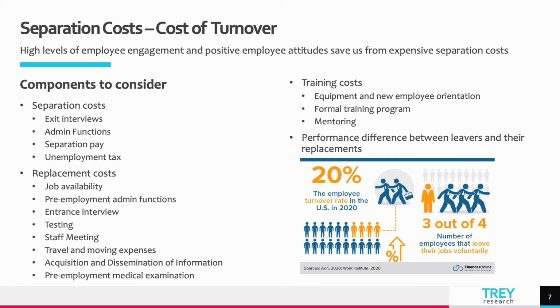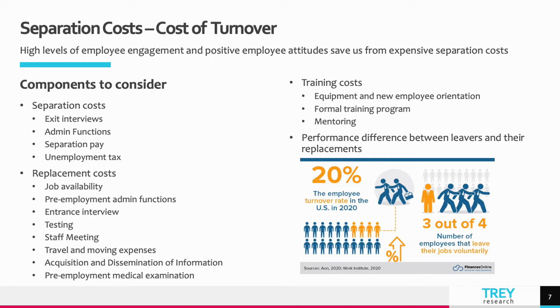There are lots of components to consider when calculating separation costs. First, separation costs in general include exit interviews, admin functions, separation pay, and unemployment tax. Next, we have to calculate replacement costs, the cost that it requires to replace an employee that has separated from the company.